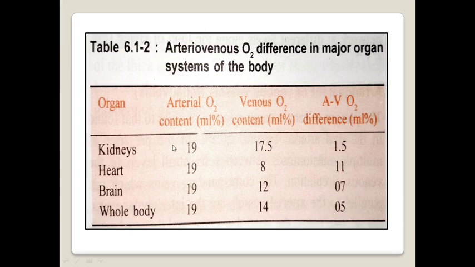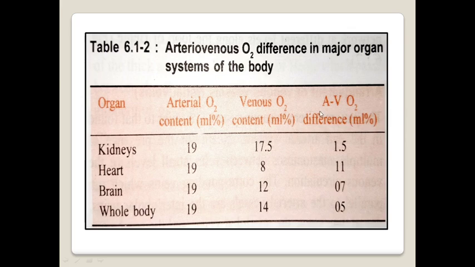In the kidney, the arterial oxygen content is 19 ml per deciliter, and in the venous blood of the kidney it is around 17.5 ml percent.